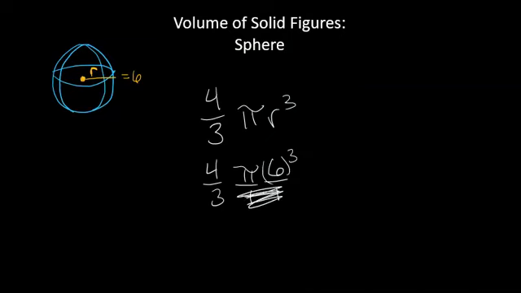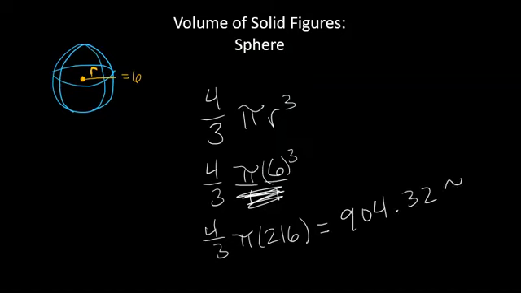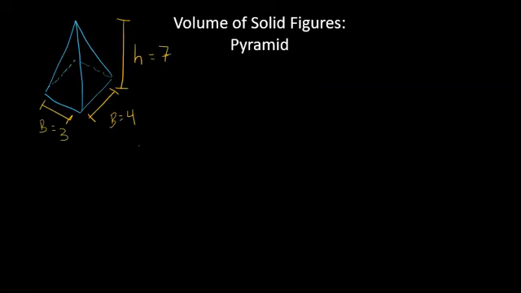We don't even have to put these two guys down there. So what does that give me? It gives me 4/3 pi. 6 to the third is 216, which gives me 904.32, which is basically 904, right?